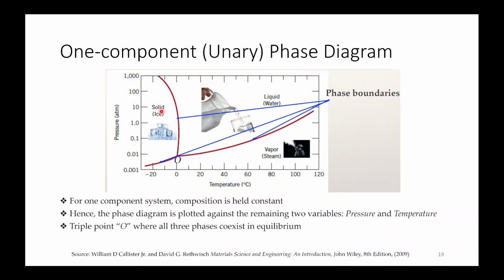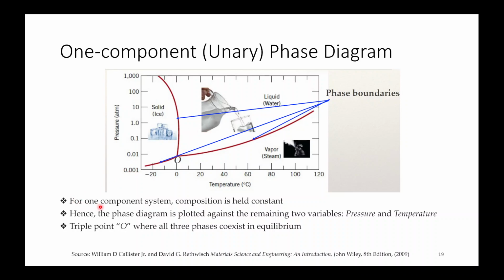Now in this, your component is only one, which is H2O. Compounds are also counted as one component. You won't count hydrogen as a different component and oxygen as a different component. And these are your phase boundaries, this is your triple point, and in between is your phase field.